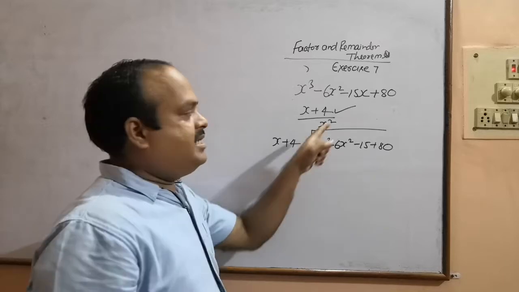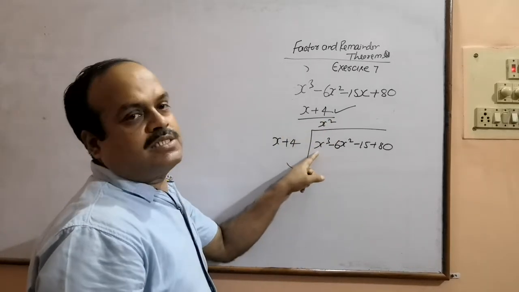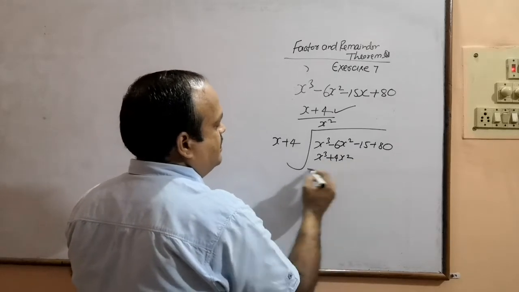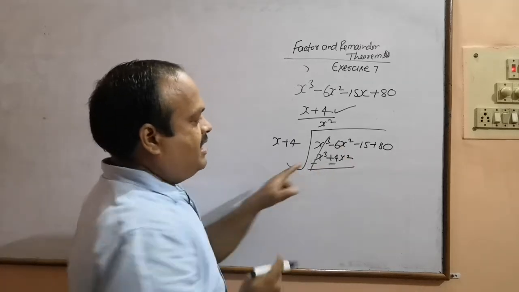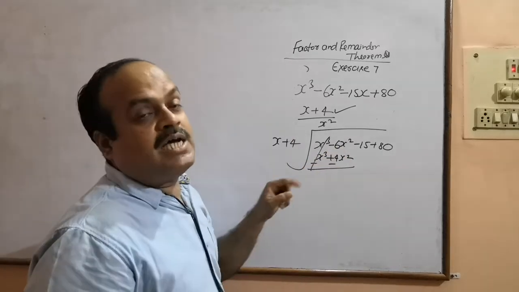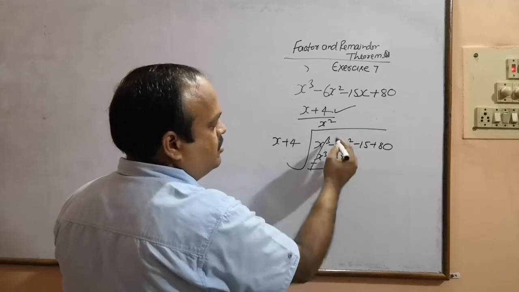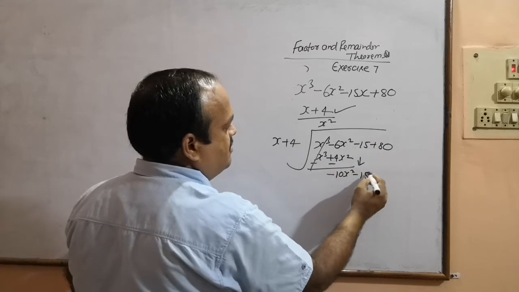Let us do x square we need to write, and when we multiply x square by x, we will get x cube plus 4x square. Do the subtraction. You can see here minus minus, same sign should be added. These are like terms with the same sign. So we will get minus 10x square. Get this term down.